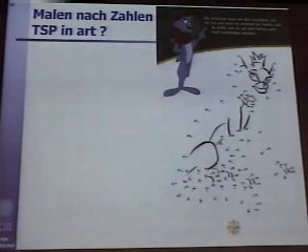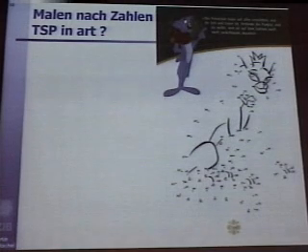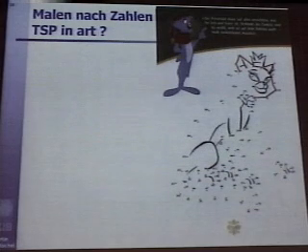If you think about your childhood, you remember these things, drawing by numbers. You get these dots and numbers, and then you have to connect these numbers, and something suddenly comes out. I've drawn some of these. Now you keep on going 1, 2, 3, 4, 5, 6, and you can finish off.